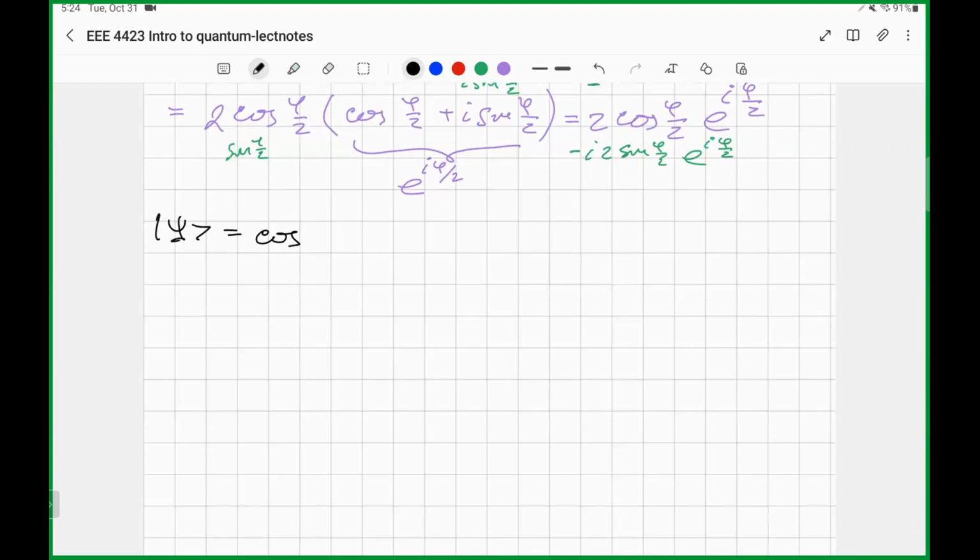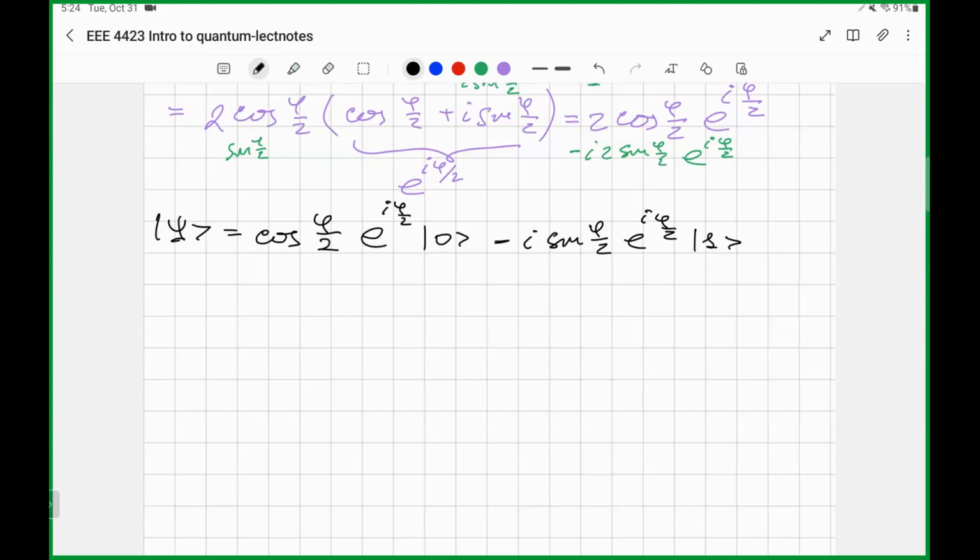So it's going to be cosine, up to this factor 2, which is just a normalization factor, or can be normalized to acquire the actual value of the normalization factor. e to the power of i phi over 2 state 0, then minus i sine phi over 2 e to the power of i phi over 2 state 1.